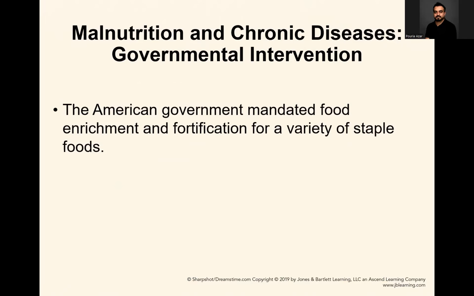So as we mentioned, in the past nutrient deficiencies were prevalent in the US. But after that, the American government mandated food enrichment and fortification for a variety of staple foods. So they fortified rice with vitamin A and iron, or they fortified wheat and grains with some micronutrients.